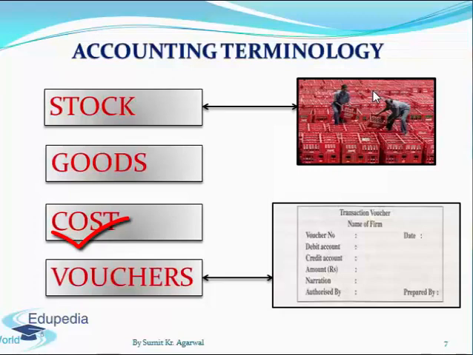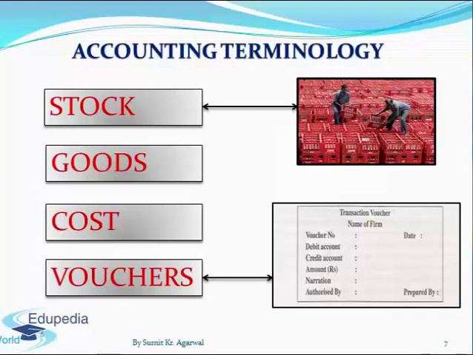Our next word is cost. Cost is an amount which has been spent to get that asset, or an amount which has been spent to produce something, or an amount which has been spent in providing a service. For example, when we purchase a machine, the cost of the machine will include the money we have spent on buying that machine, the money we have spent on transportation of that machine, and the money we spent on installation of that machine.